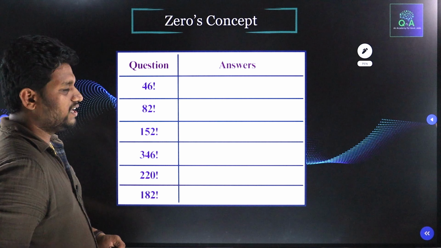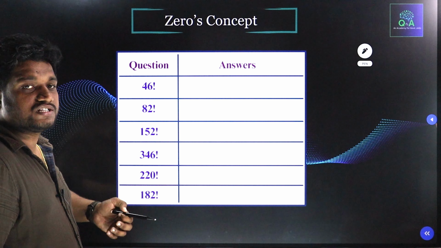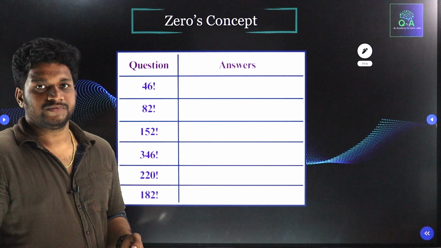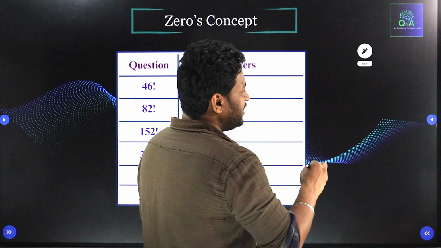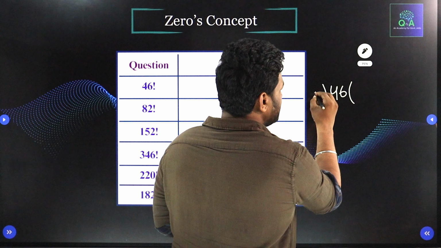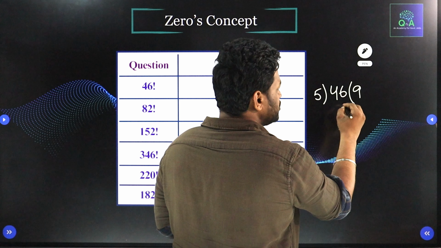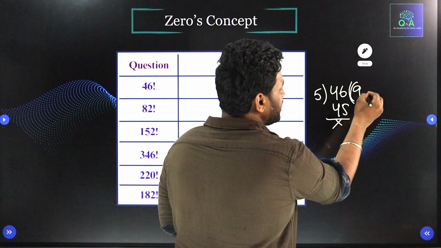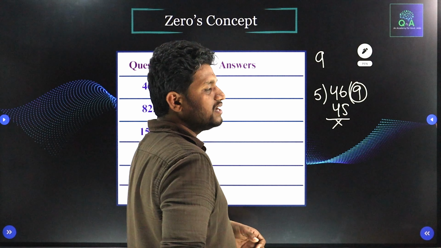All of you understood, I guess. Let me solve a few more questions based on this. Now, I will solve in 46 factorial how many trailing zeros we have. If I take 46 factorial, I have to divide with what? 5. 5 nines how much? 45. Anyway, the remainder I will not take care of, but whatever 9 I have, I will consider them as 9 fives.